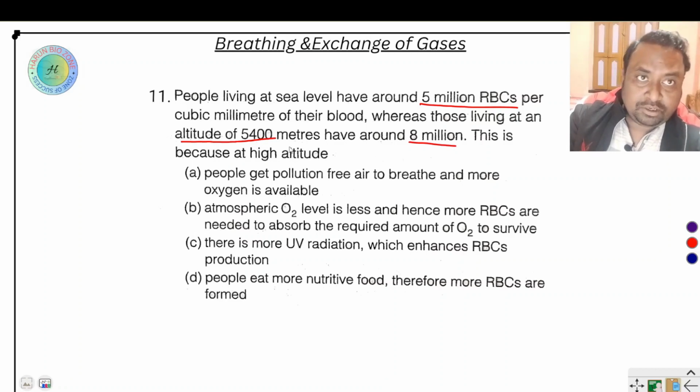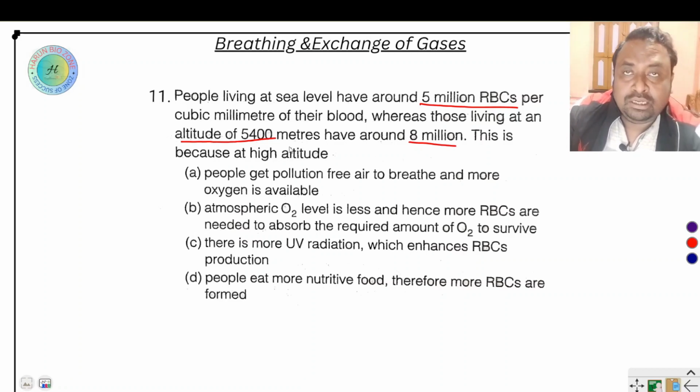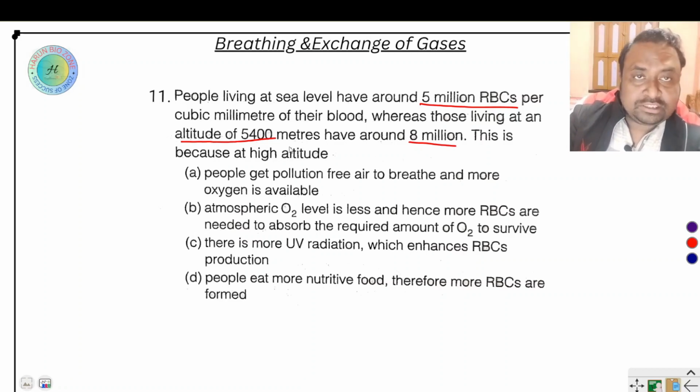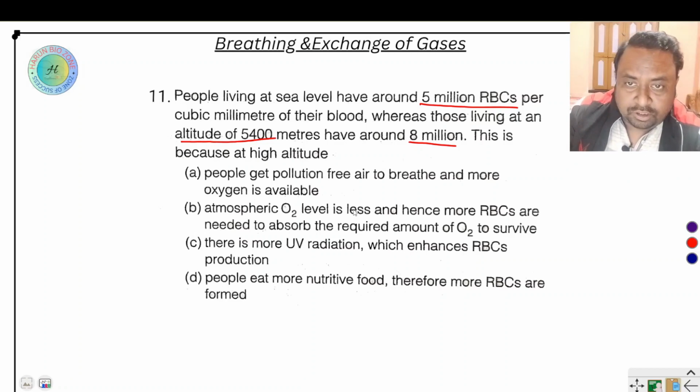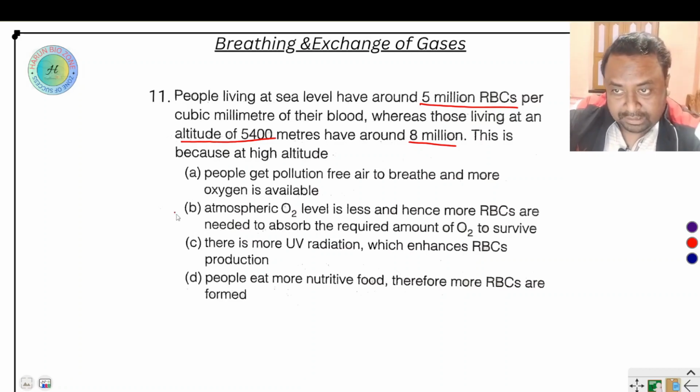This is because in air the oxygen concentration is decreased, but the body requires the same amount of oxygen, so the body produces more RBC to carry the lesser amount of oxygen. The atmospheric oxygen level is less, hence more RBC are needed to absorb the required amount of oxygen to survive. This is the correct option.